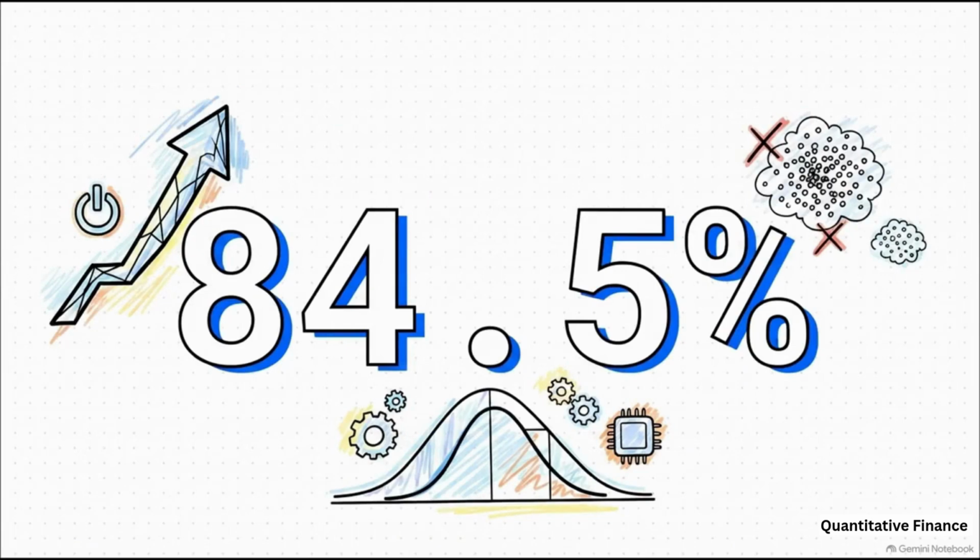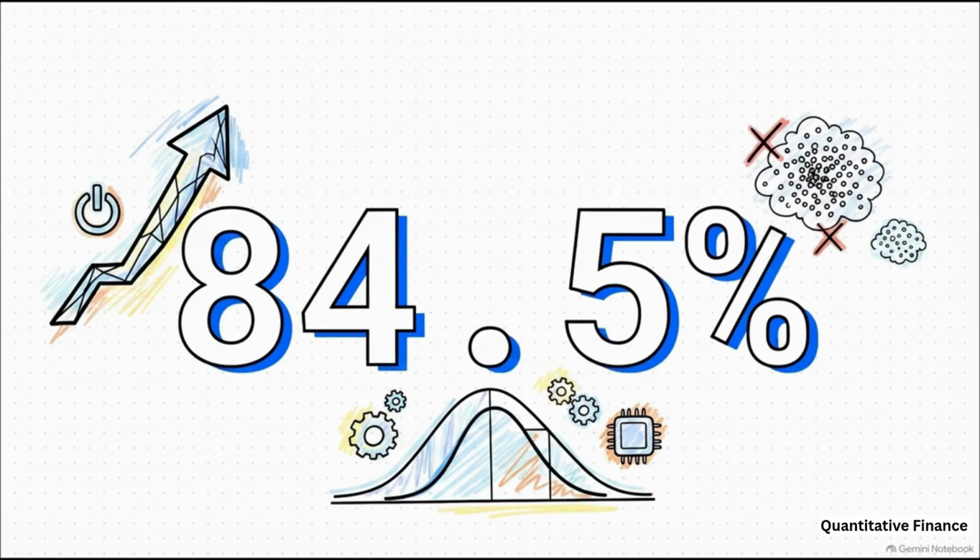By successfully matching that 4th moment, we see a staggering 84.5% reduction in absolute error at the baseline strike. I mean, 84.5%. That is a monumental improvement for an analytical formula that requires only a fraction of the computational power of a million-path Monte Carlo simulation.